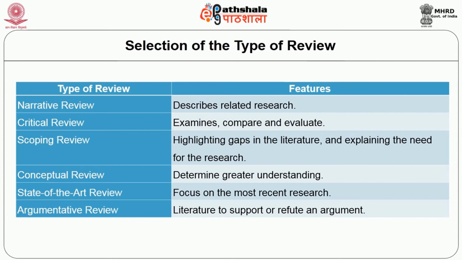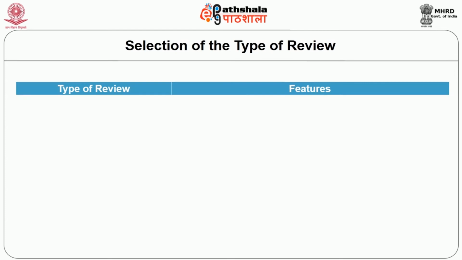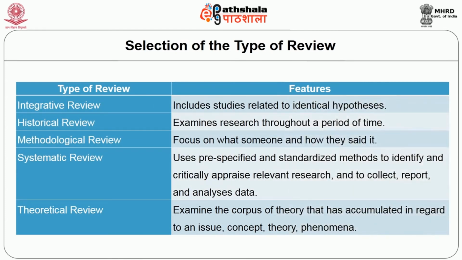The next one is argumental review, wherein the literature to be supported is refused or argued upon. The next one is integrative review, which includes studies related to identified hypotheses. The next one is historical review, which examines research throughout a period of time.